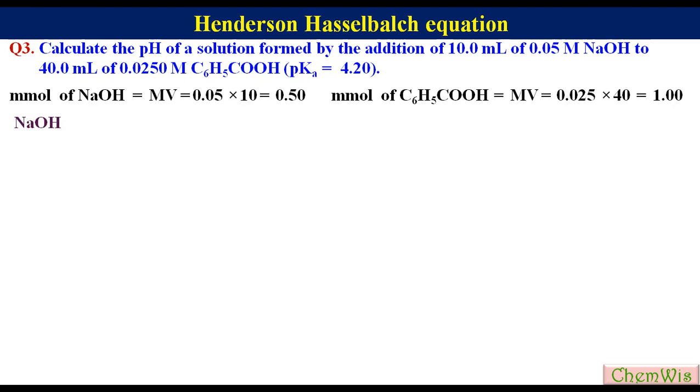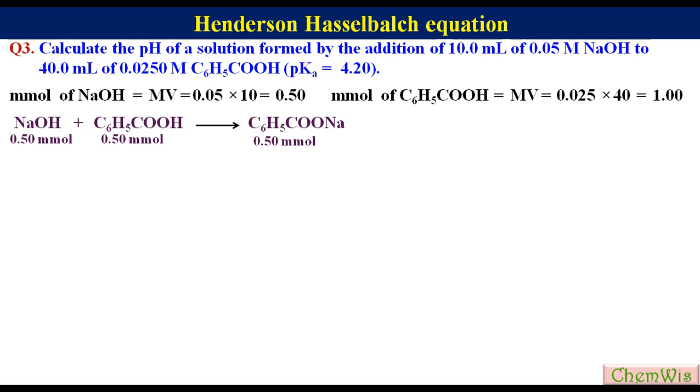Sodium hydroxide reacts completely with benzoic acid to produce sodium benzoate. So 0.5 millimole of sodium hydroxide will react with 0.5 millimoles of benzoic acid to produce 0.5 millimole of sodium benzoate. Number of millimoles of benzoic acid remained in solution will be equal to 1.00 minus 0.50, is equal to 0.50.